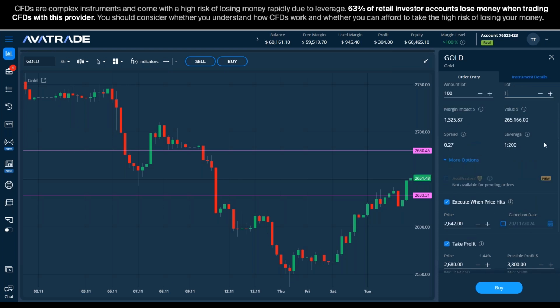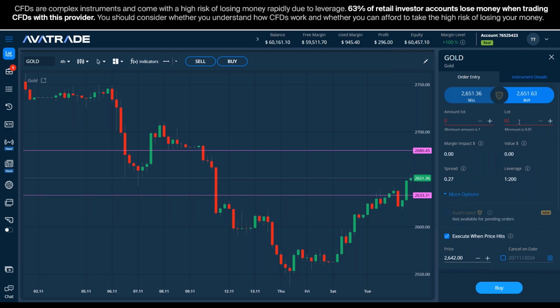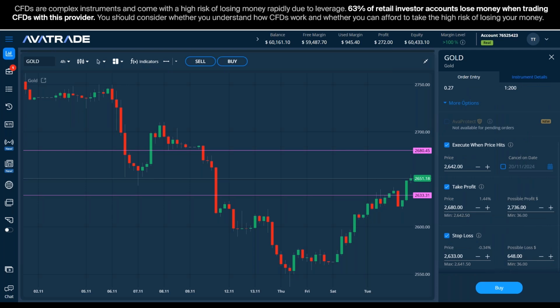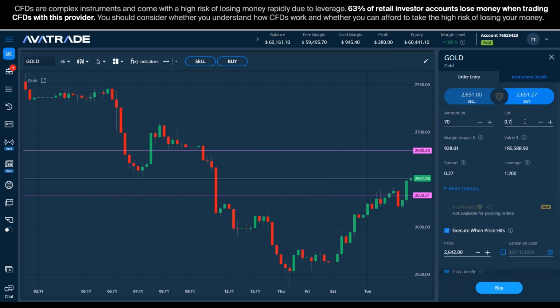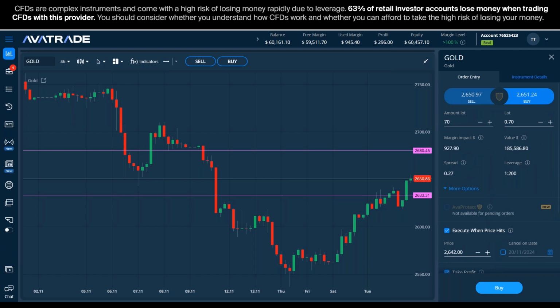If I do one lot, I'm risking 900. If I do 0.75, that might get about close to my 1% risk on my account. Okay, 0.72, and I'm risking about 600. Maybe it's 0.7 even, 630, 0.68.